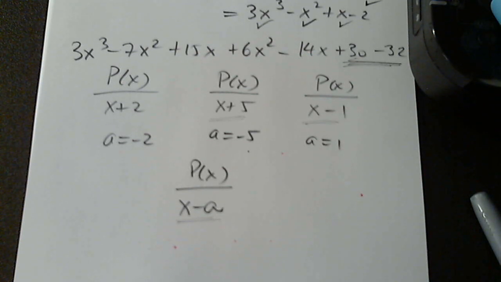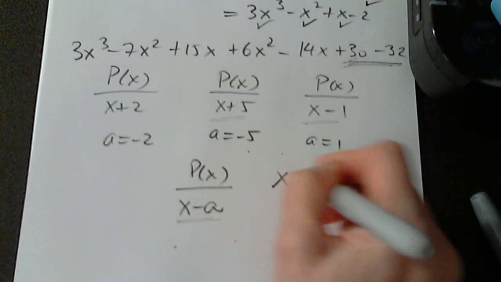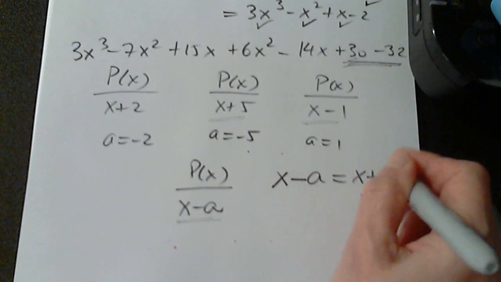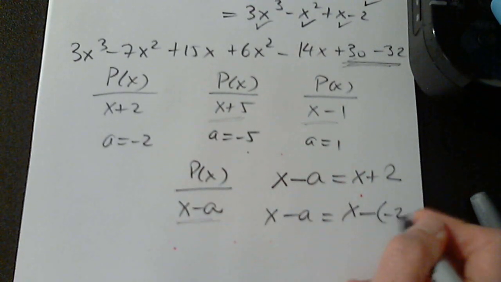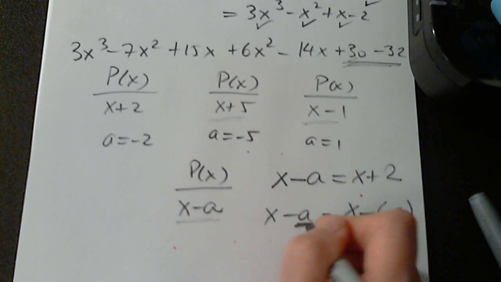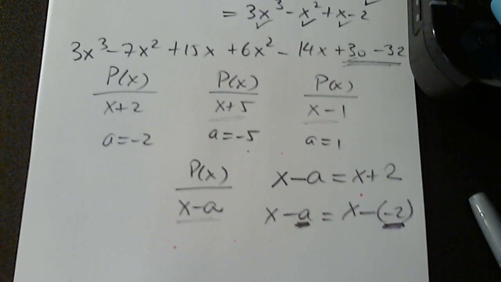Yeah. So in other words, all you have to do is show this. So x minus a equals x minus negative 2. So then this must be this. So a is negative 2. Okay. Otherwise you will not be able to identify the number in the box.